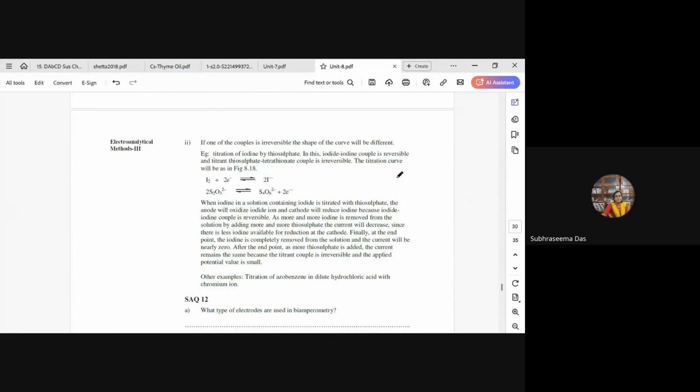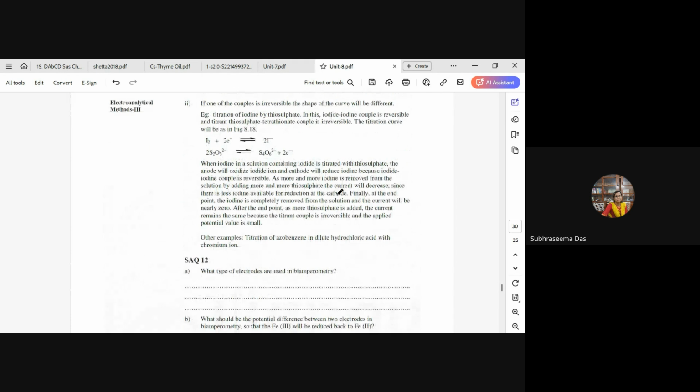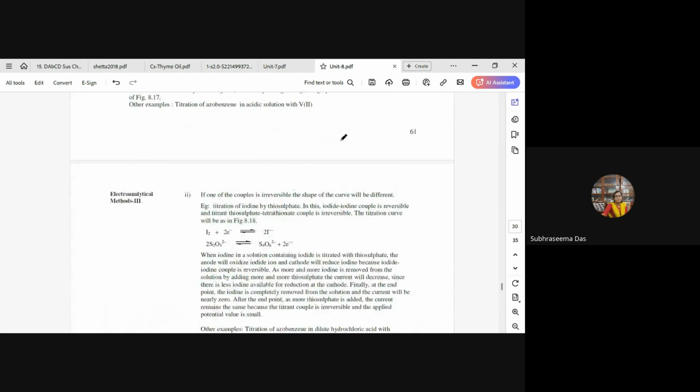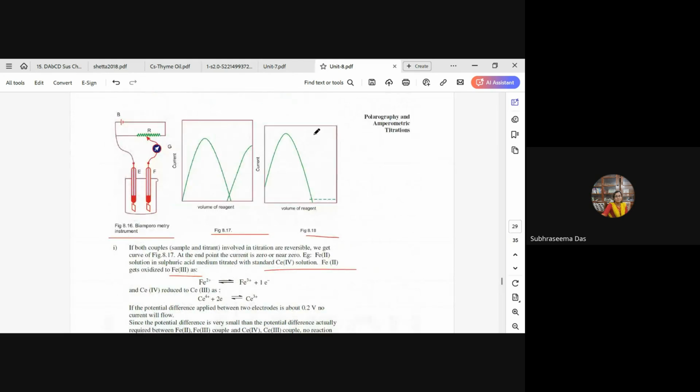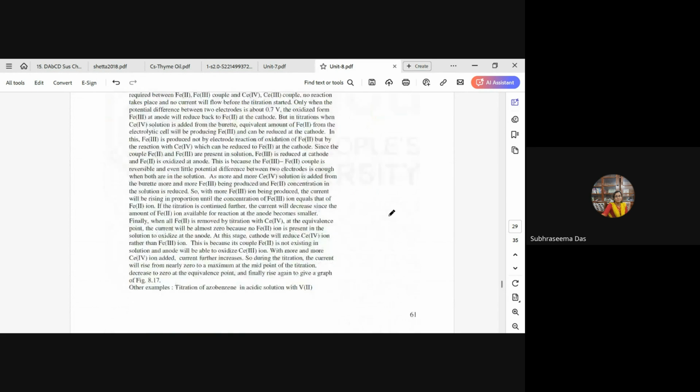For example, titration of iodine by thiosulfate. Here the iodine-iodide couple is reversible, and the titrant thiosulfate-tetrathionate couple is irreversible in nature.